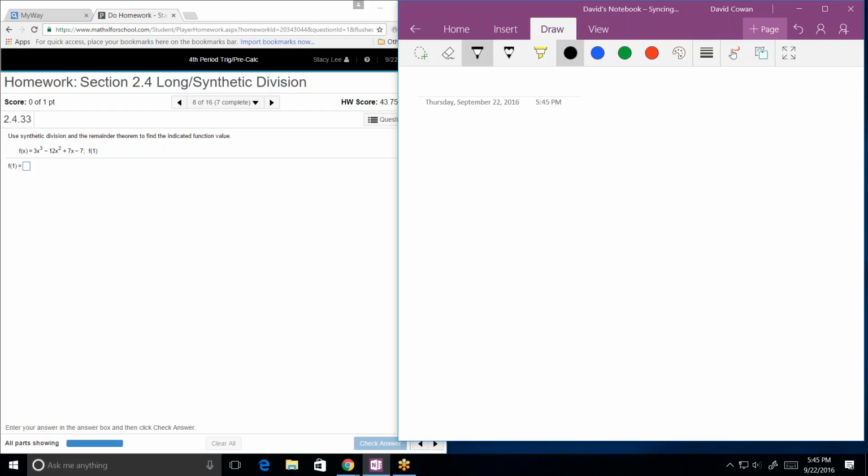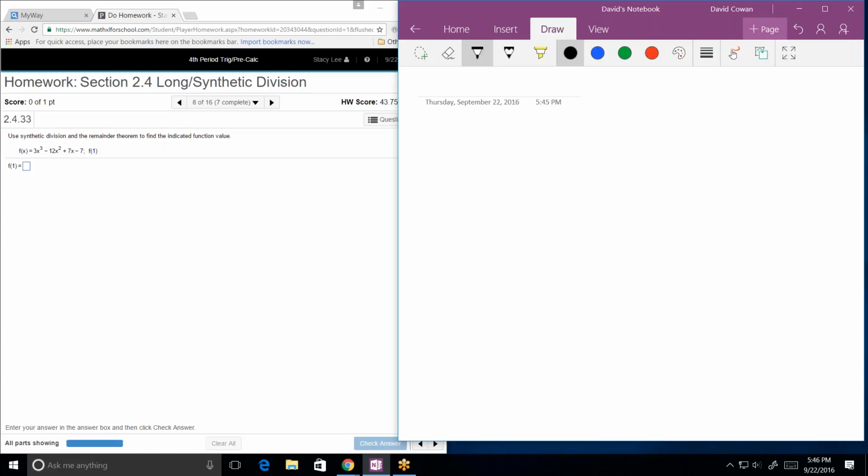They want you to figure out, using synthetic division, what f of 1 is. In other words, the easiest way to figure out f of 1 would be what? Just plug it in for x, right? Yeah, to me, that's the easiest way.